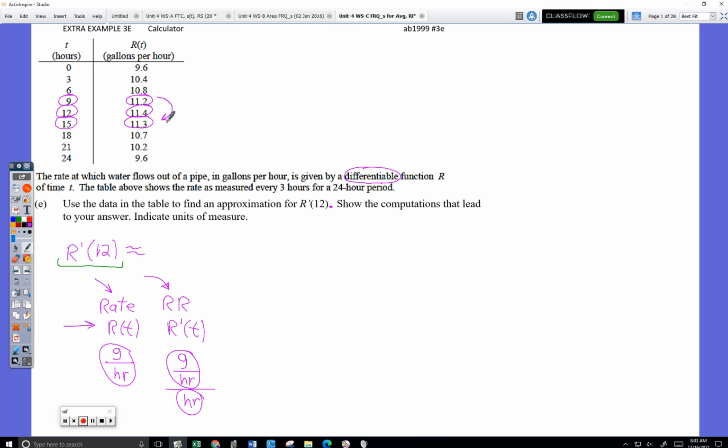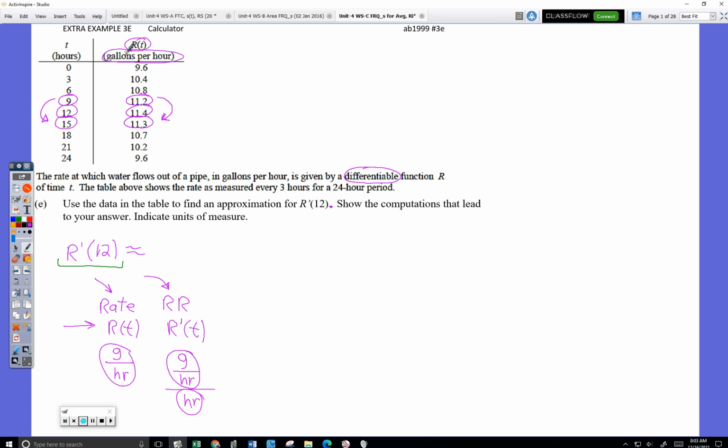So don't overthink it. Raise your hand and tell me, from hour 9 to hour 15, how much did the rate in gallons per hour increase or decrease? Hands up. By what amount did the rate increase or decrease, Brooke, in that from 9 to 15? Nice, it increased by 0.1.